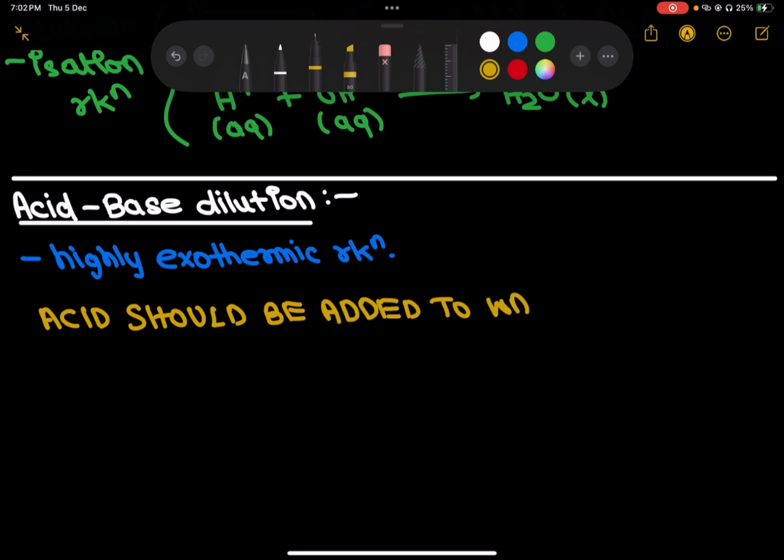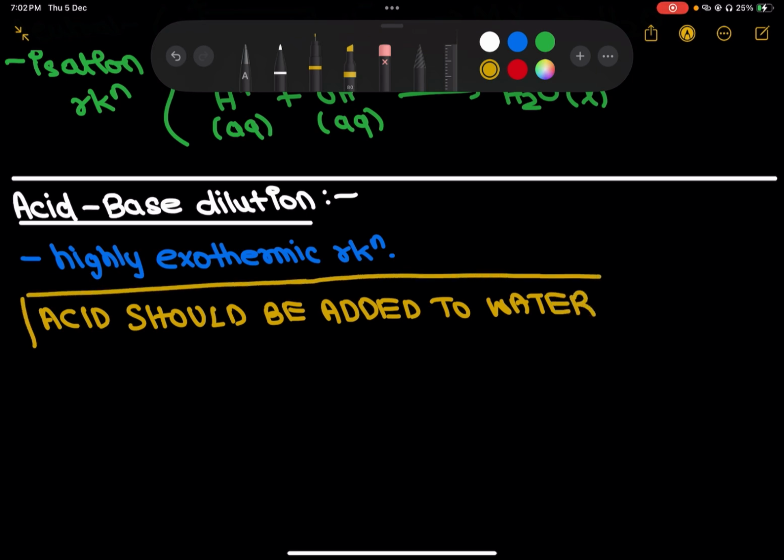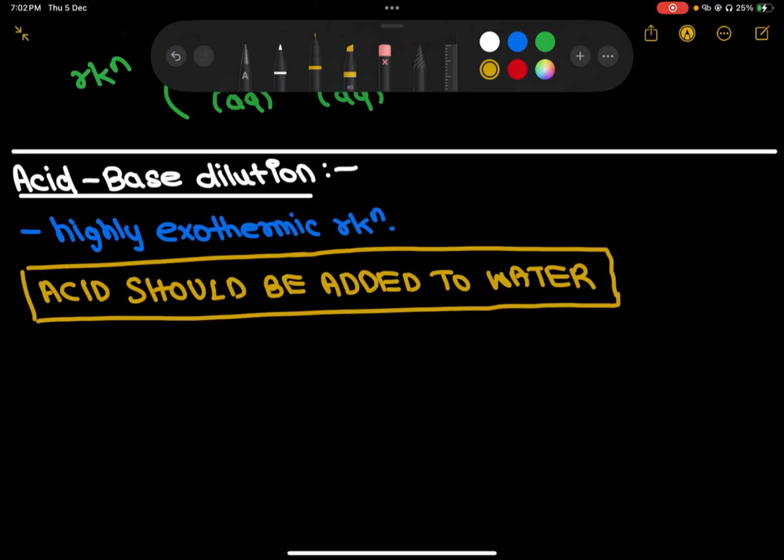Remember this, it is very important. In the boards they usually ask an MCQ, like what is the correct way of diluting an acid, with four options: acid added to water, water to acid, both simultaneously, and so on. The correct answer is always acid should be added to water.